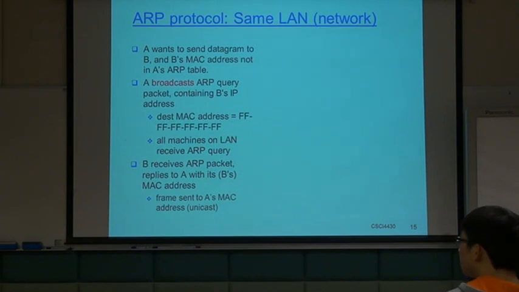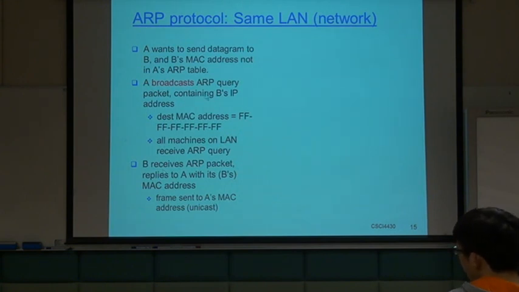For example, if host A wants to find out B's MAC address, it will broadcast an ARP query, and the query will contain B's IP address. The destination MAC address will be the broadcast address, so that everyone will receive the ARP query. When B receives the ARP packet, if it has the corresponding IP address, it will make a response to tell A what the MAC address is.